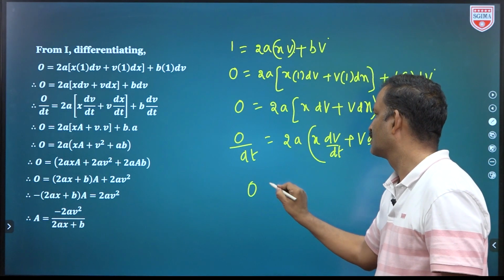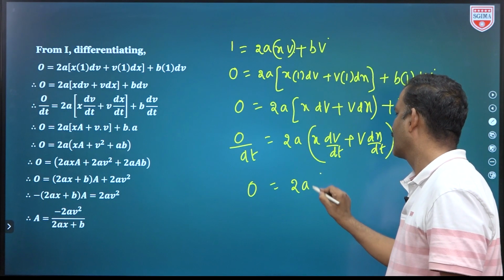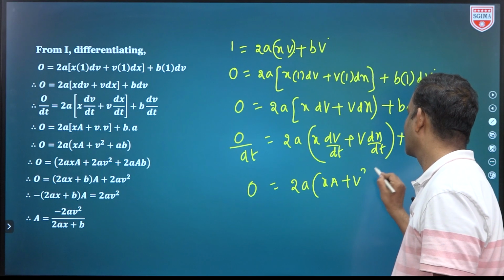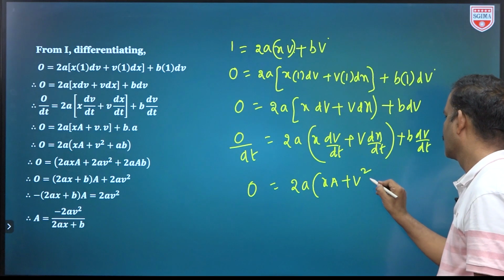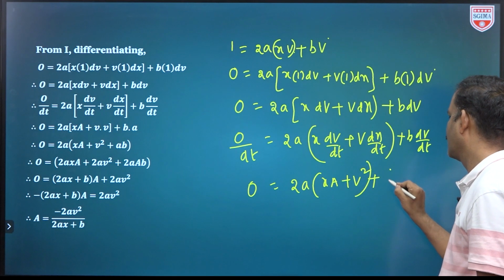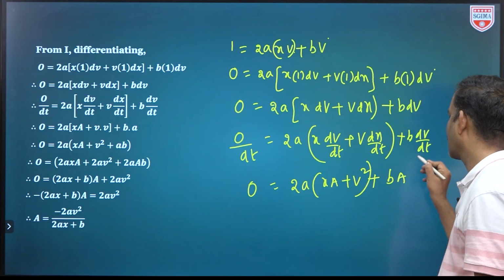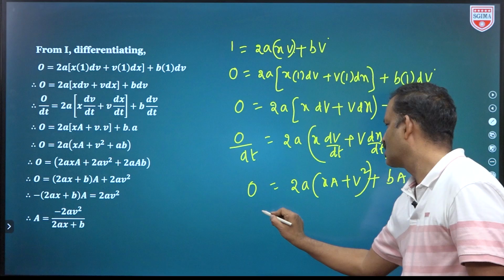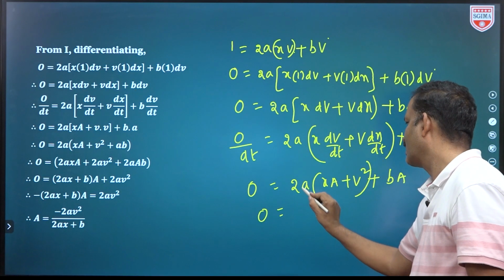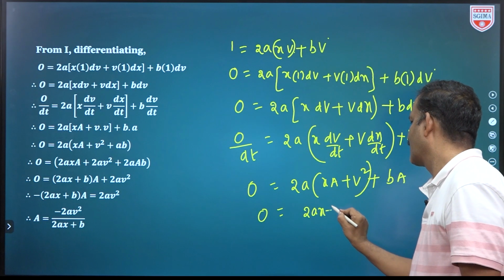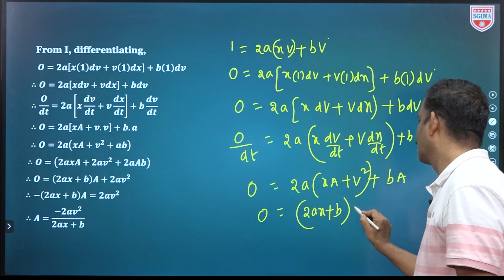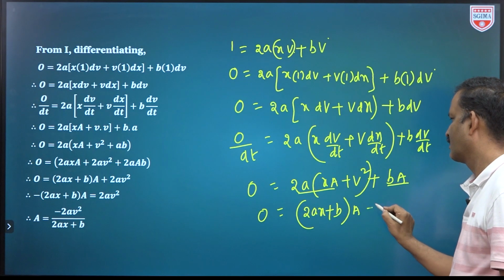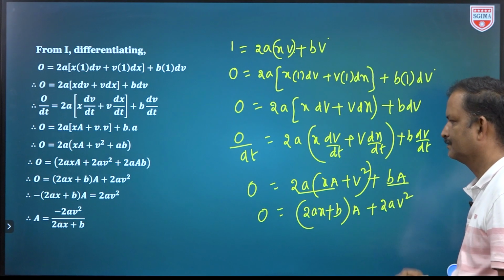So 0 is equal to 2a x into acceleration plus v, dx by dt is the velocity, v square, plus b into acceleration. Acceleration I am representing with capital A. Then 0 is equal to, taking A common, 2ax plus b into A in these two terms, plus 2a into v square.